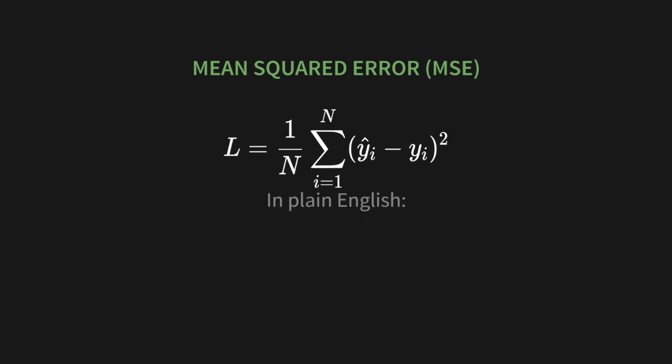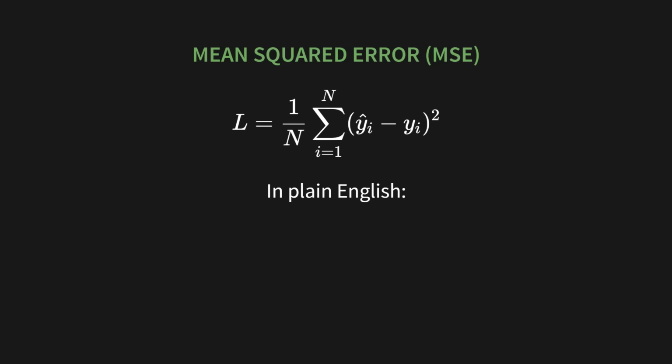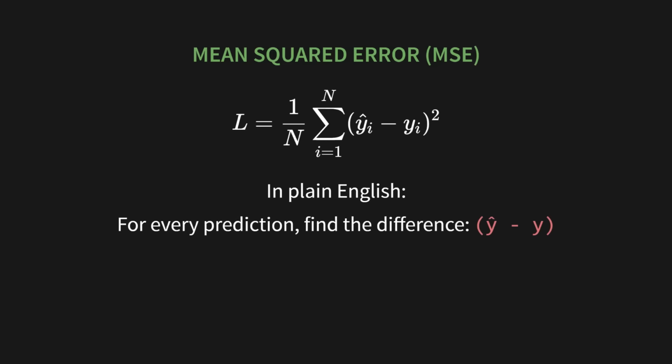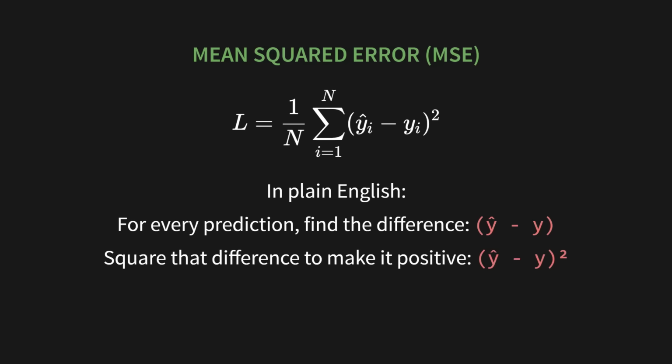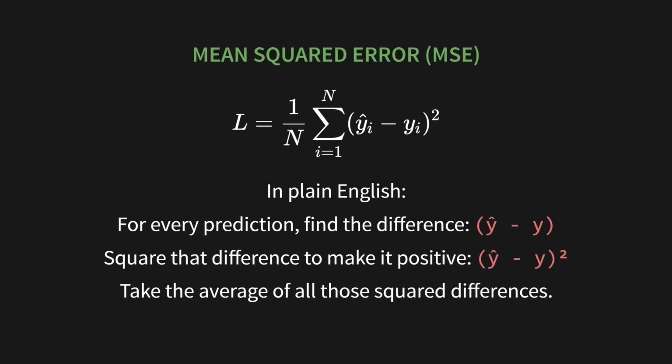Let's break that down into plain English. For every prediction we make, first you find the difference. That's y_hat minus y. Then you square that difference to make it positive. That's the (y_hat - y)^2 part. And finally, you just take the average of all those squared differences. That's it.